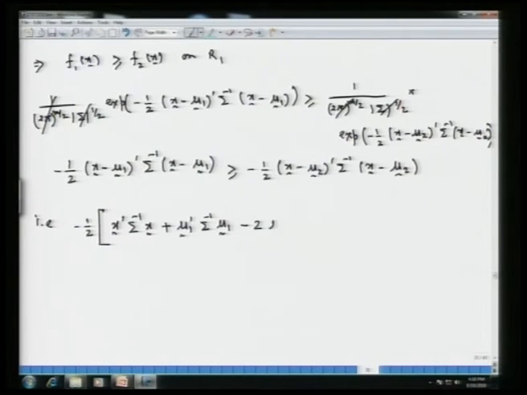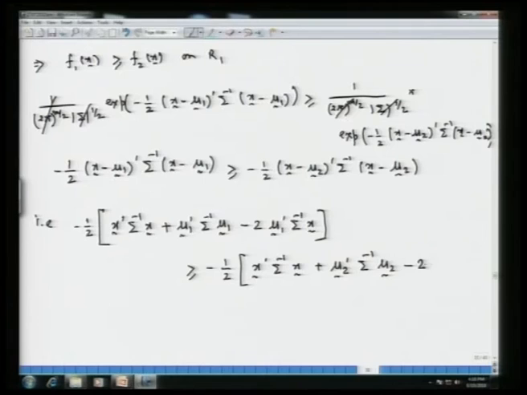Let us write that as 2 times mu1 prime sigma inverse x. So, this is what we have on the left hand side. This is greater than or equal to minus half of the similar terms: x transpose sigma inverse x, plus mu2 transpose sigma inverse mu2, minus twice mu2 transpose sigma inverse x.